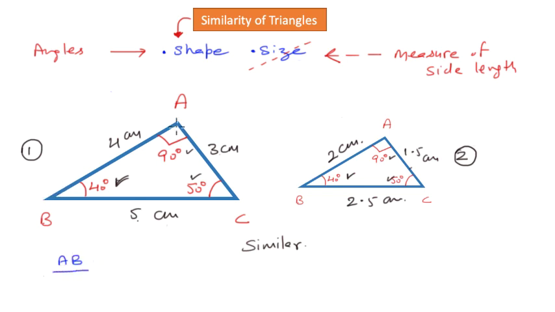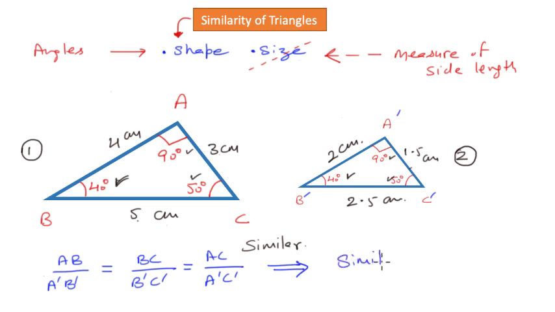Let's call the second triangle A prime, B prime, and C prime to differentiate between the two. If the ratio of AB to A prime B prime is the same as the ratio of BC to B prime C prime, and also the same as the ratio of AC to A prime C prime, then we can say the two triangles are similar.